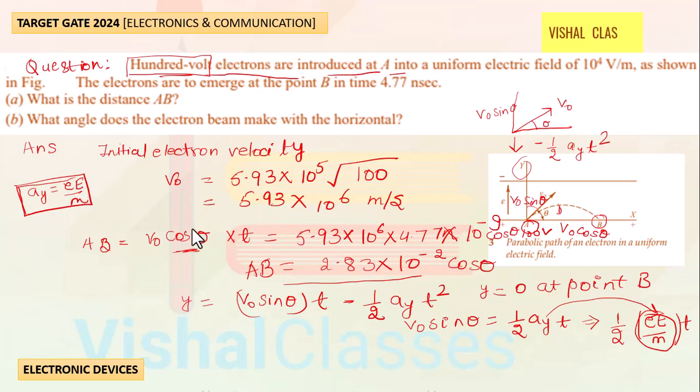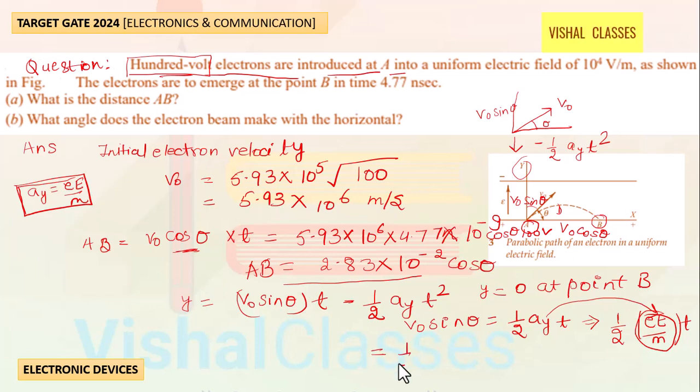Here, for the electron charge E by m, the value comes out to be 1.76 into 10 raised to power 11.